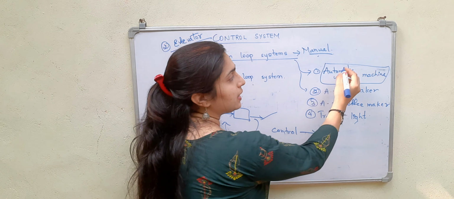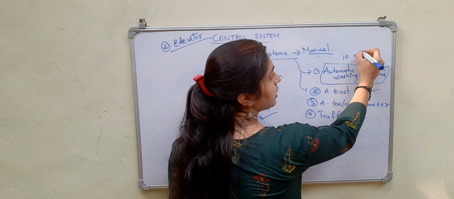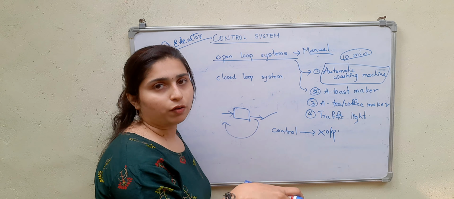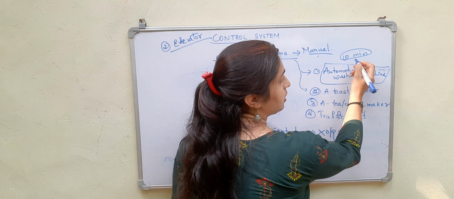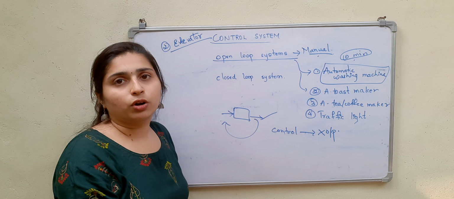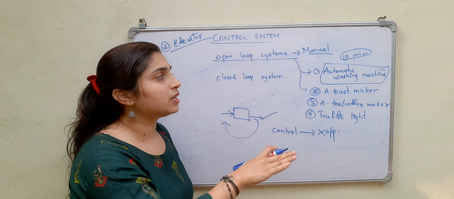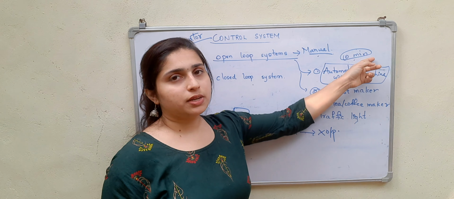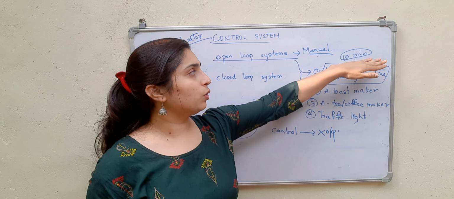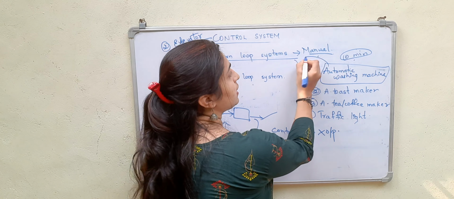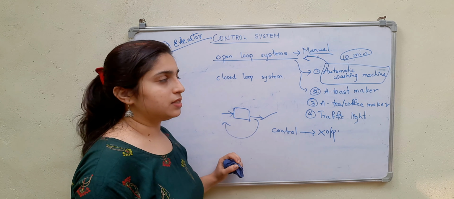If I set the washing machine to 10 minutes, it will operate for 10 minutes and switch off after that. Irrespective of whether your clothes are completely cleaned or not, it just uses the preset time.